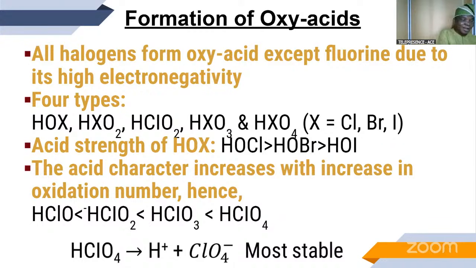And group 16. Water is an example of a hydride of oxygen. The hydride of sulfur is hydrogen sulfide. We have hydrogen selenide.